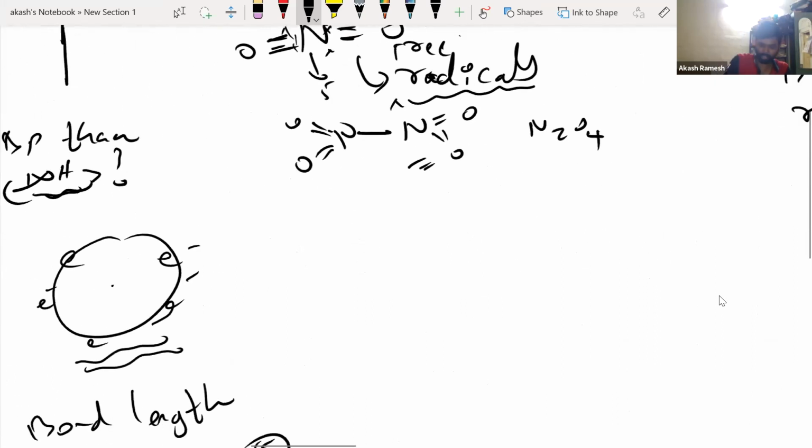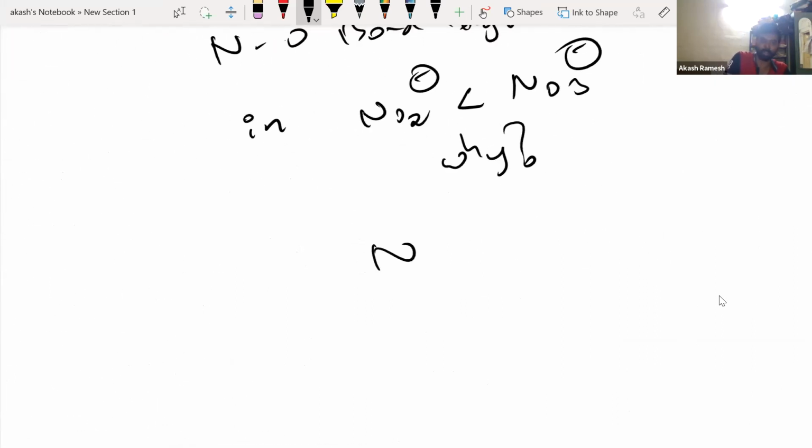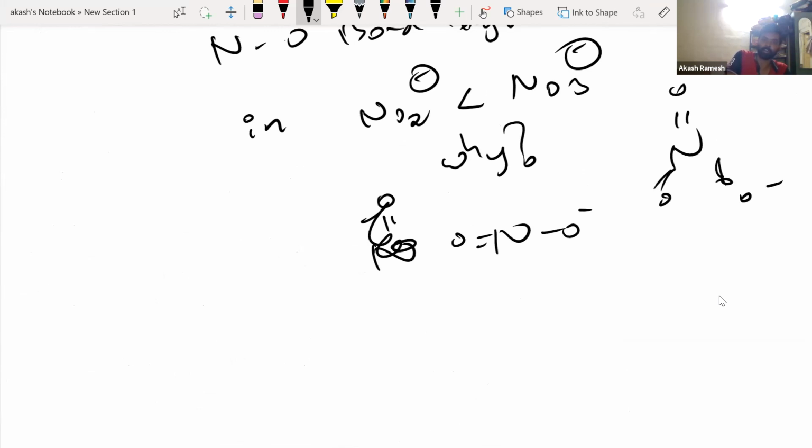Now you look at the structures of NO2 minus and NO3 minus. So you have N double bond O minus. Now you see the average bond order.